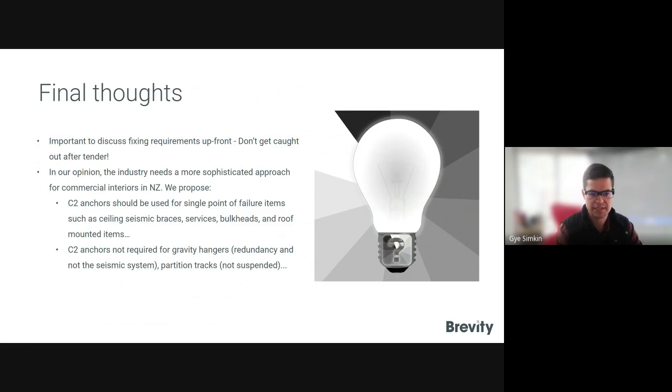Whereas C2 anchors may not be required for your gravity hangers and items that have redundancy built into them, and items such as your partition tracks that are not suspended. So there's definitely some food for thought there, and it will be interesting to get the comments from everyone else.